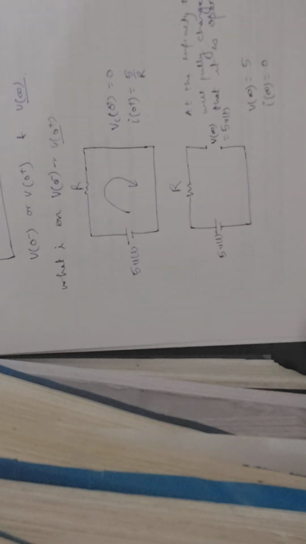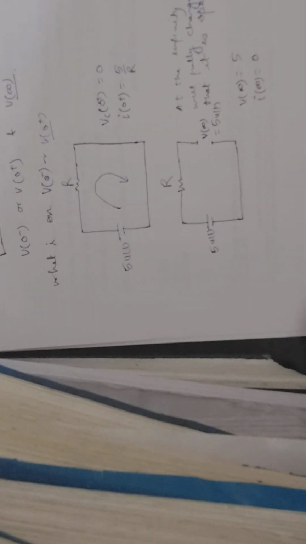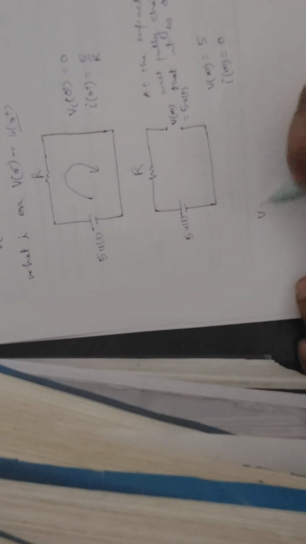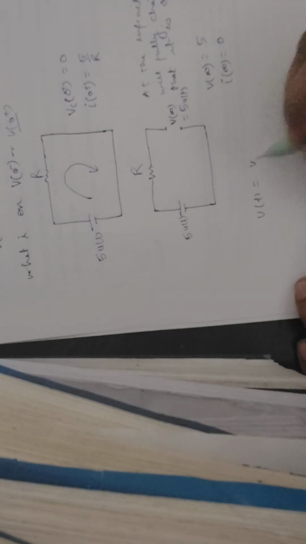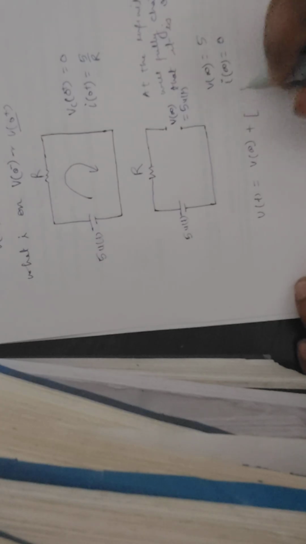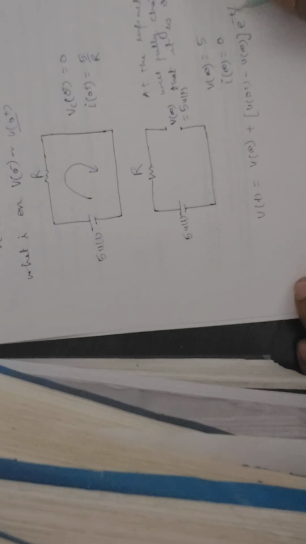And we know the formula: v of t is v of infinity plus (v at 0 plus minus v of infinity) times e to the power minus t by tau.